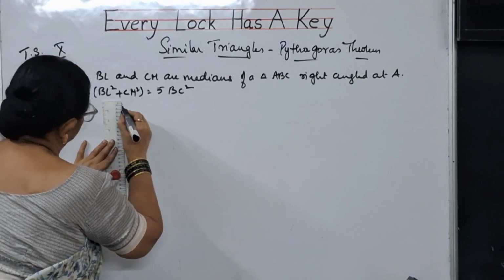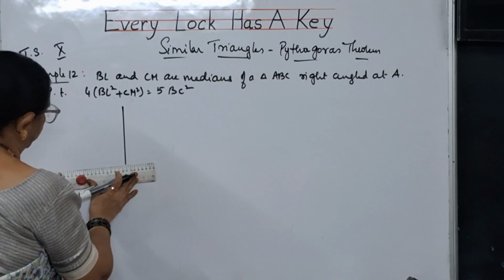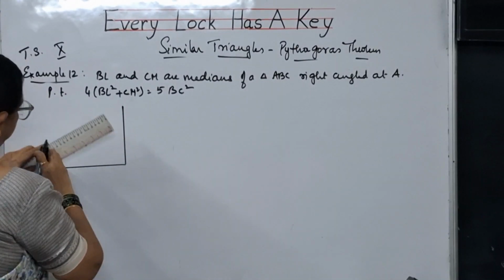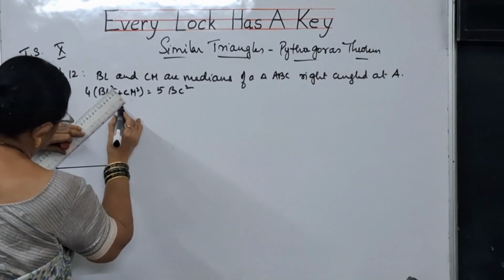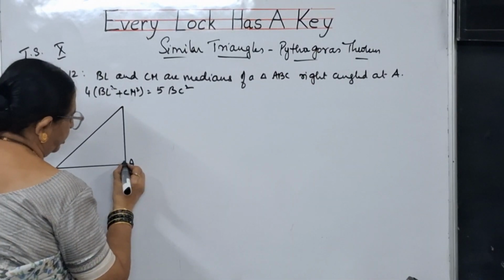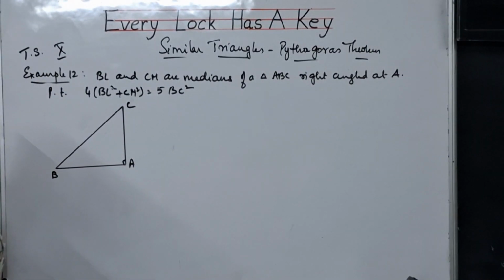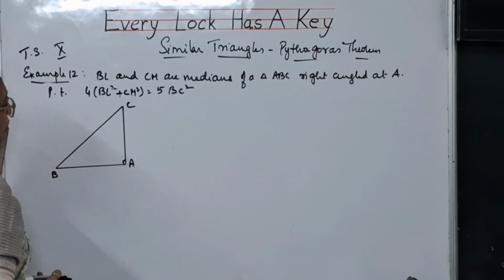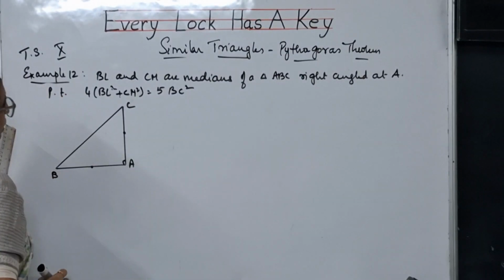So let us first draw. Figure will not be given to you, children. Even in the earlier case also, figure you have to draw. So this is a triangle, right angled at A. So this should be A, B and C. Now what are they saying? BL and CM are the medians. Medians means what? You have to take the midpoints of the sides.